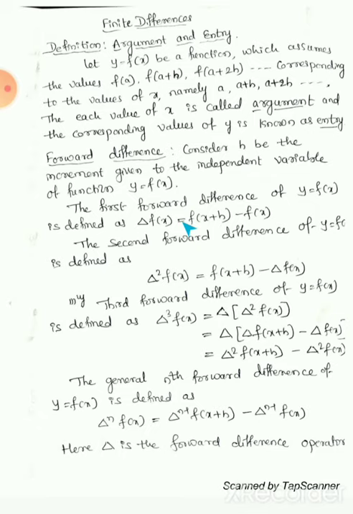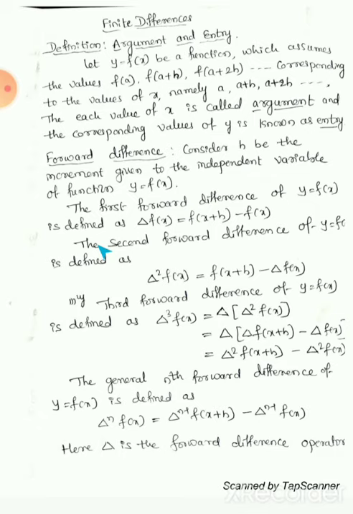Because for different values of x, the values of y vary. And h is a small increment given to the independent variable. For example, if the first x value is 1 and you add 1 to it, you get x value 2. Like that, here h is equal to 1.